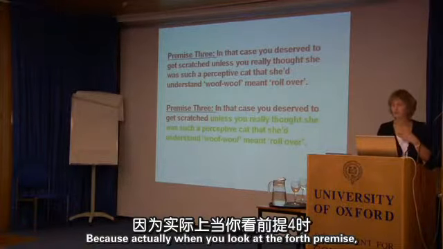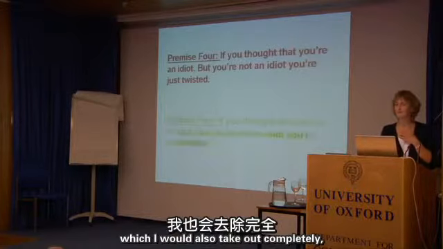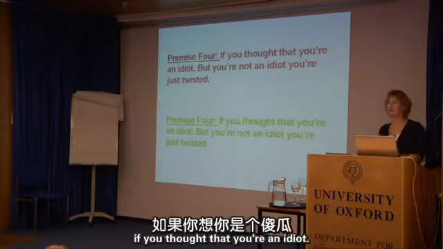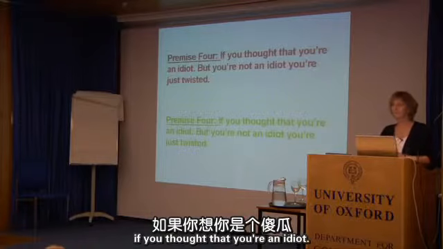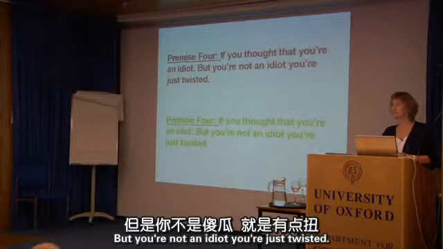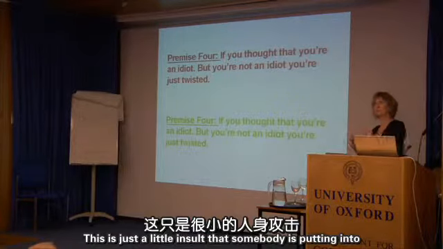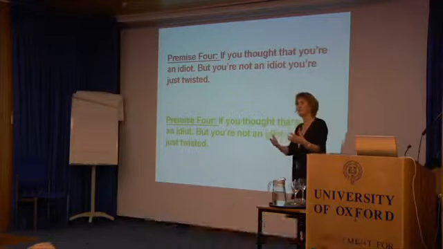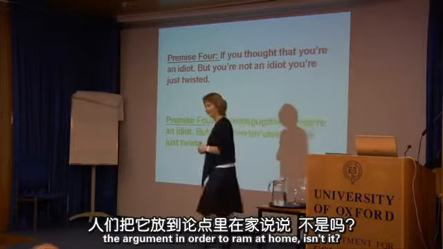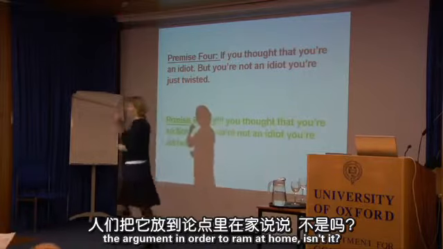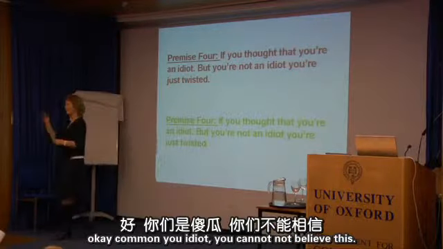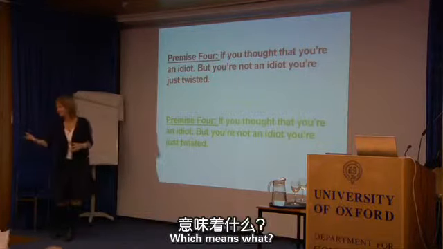Because actually, if you look at the 4th premise, which I'd also take out completely: if you thought that, you're an idiot, but you're not an idiot, you're just twisted. This is just a little insult that somebody's putting into the argument in order to ram it home, isn't it? Oh, come on, you idiot, you can't not believe this.